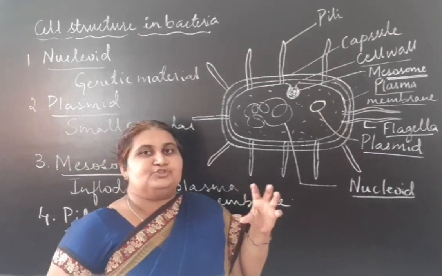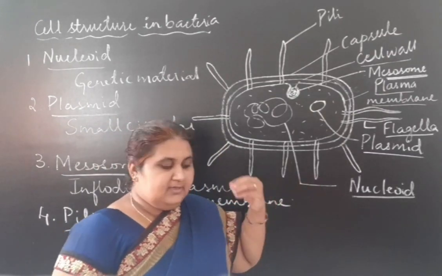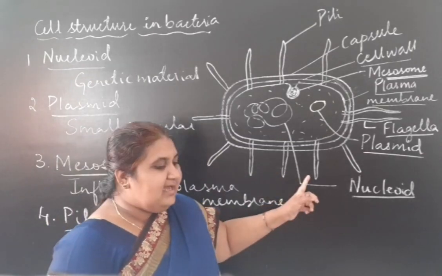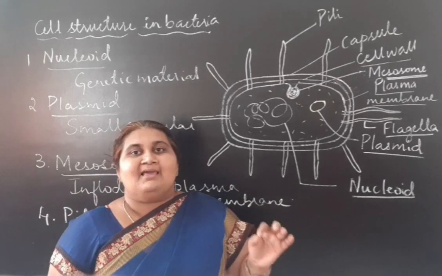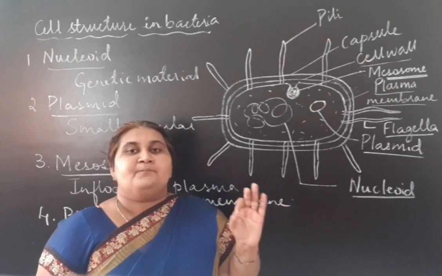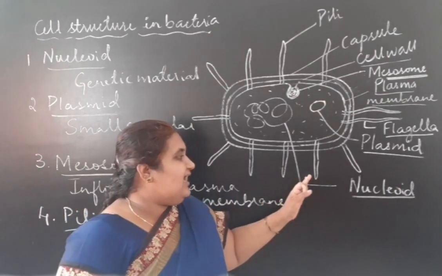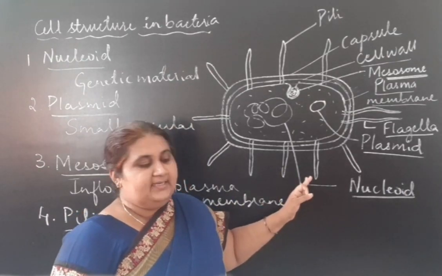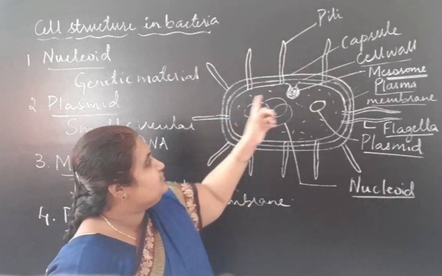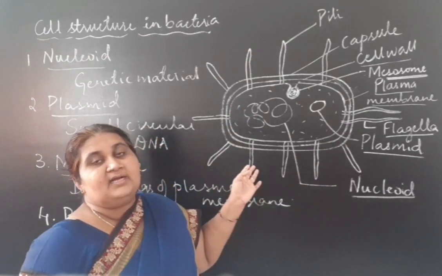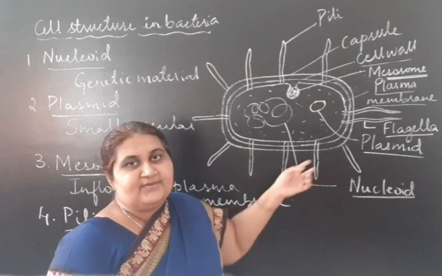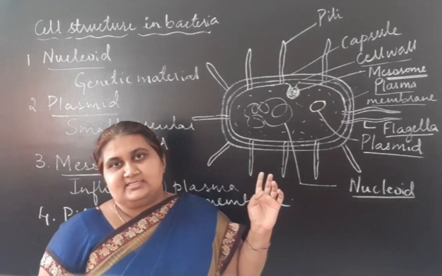So, pili is a minute hair-like structure, non-flagellar, proteinaceous, and hollow in nature. Where is it found? It is present over the surface of a bacterial cell.